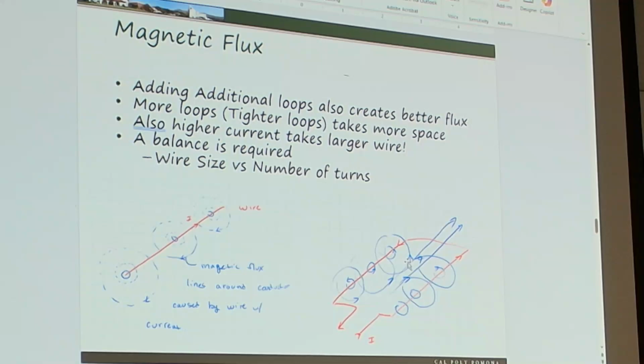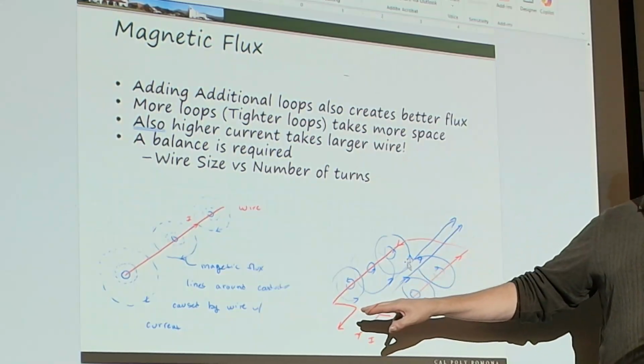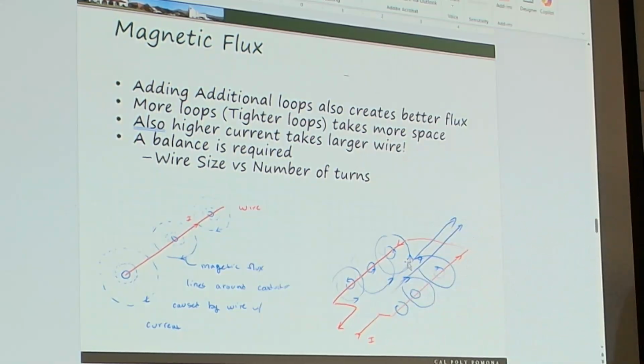Because why? It has a high resistance. I want to drop that resistance down as much as possible. So I want to drive a higher current with lower resistance. Otherwise, my power dissipated through that wire is only going to be I squared R capacity. If R goes up, it's not going to be very good.